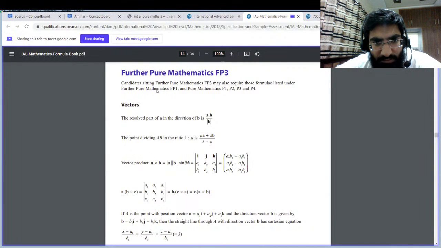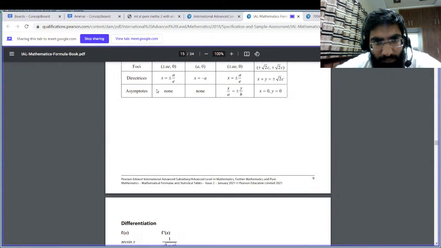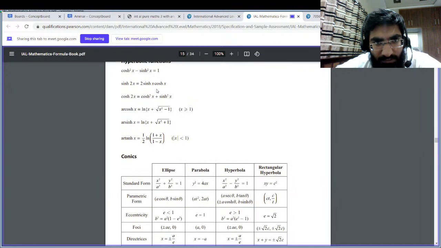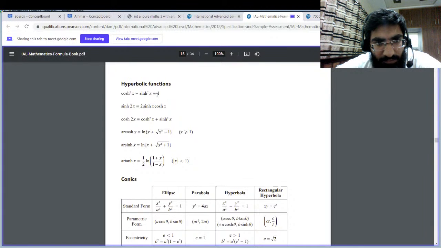I'm checking if they gave it for there. Oh, you don't get to study hyperbola and these things. Oh, here it is. In hyperbolic function, it is.